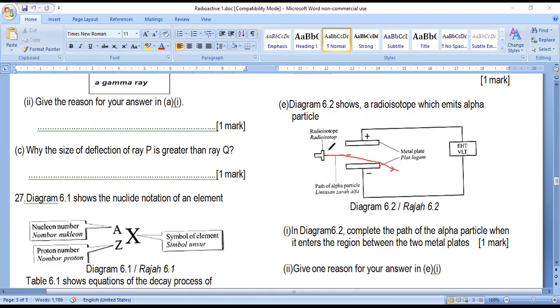It doesn't matter whether it touches or doesn't. Okay, give one reason why it deflected that way. Because it is positively charged.